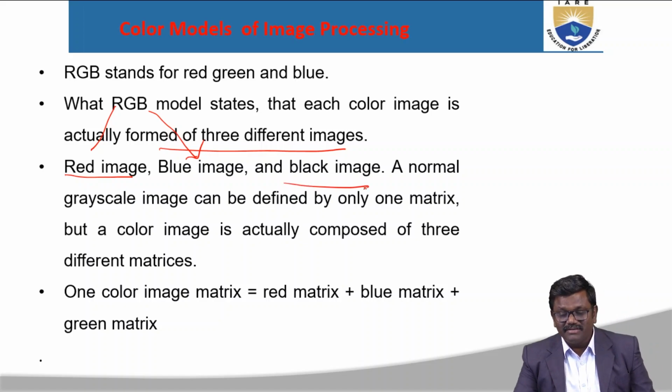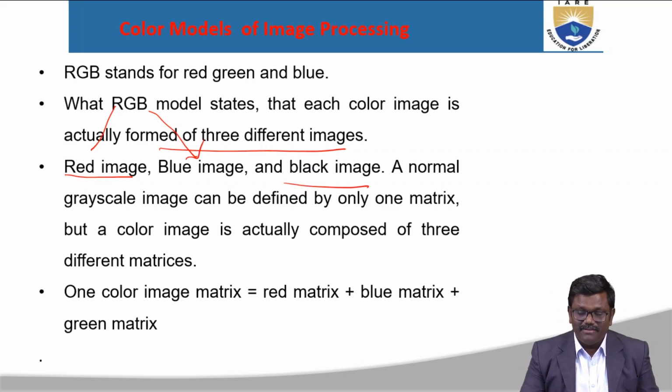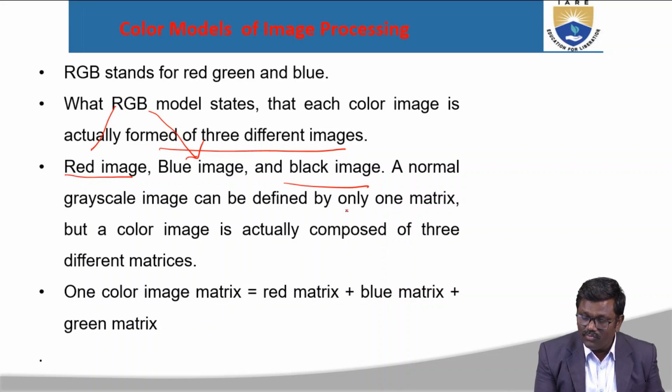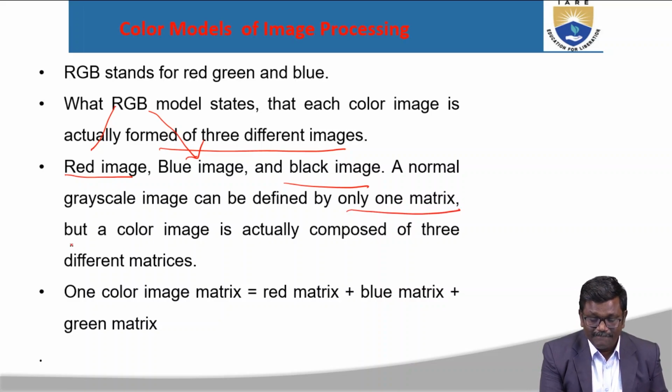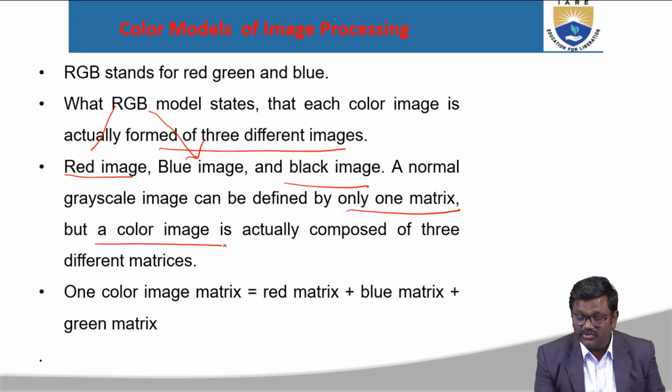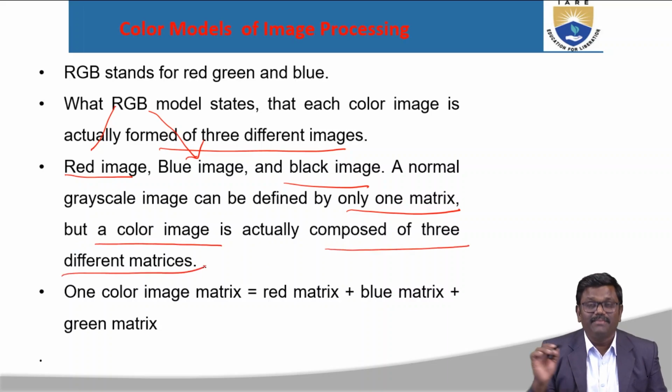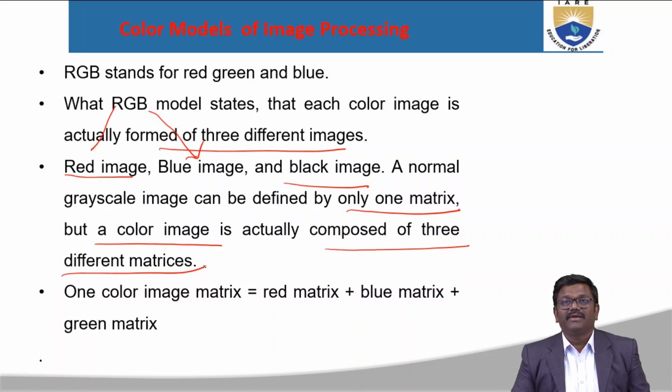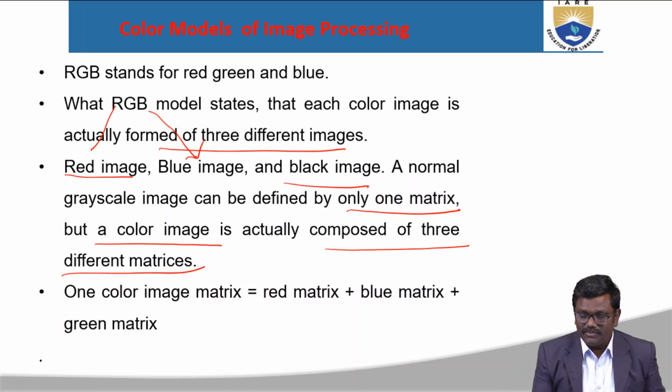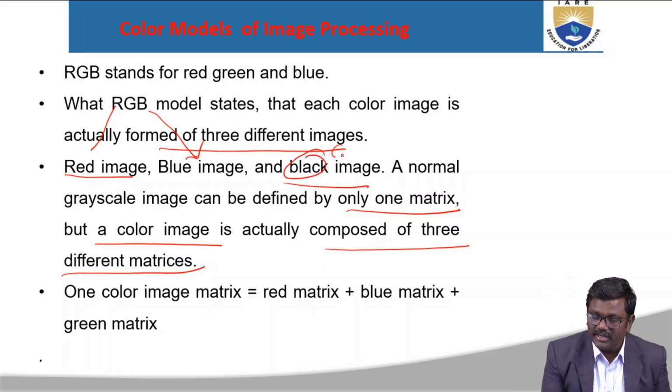What you need to understand here is that a normal grayscale image can be defined by only one matrix, but a color image is actually composed of three different matrices. Here, for example, we can also write green image.